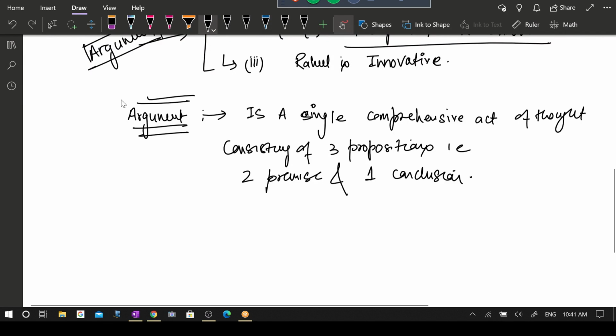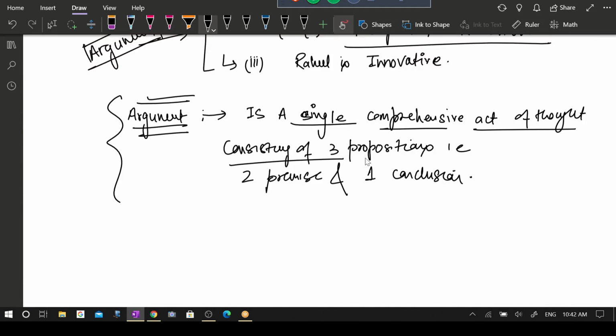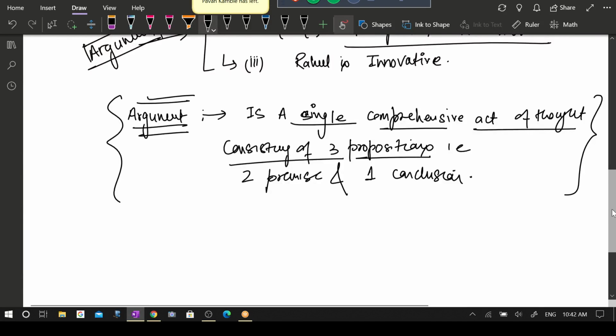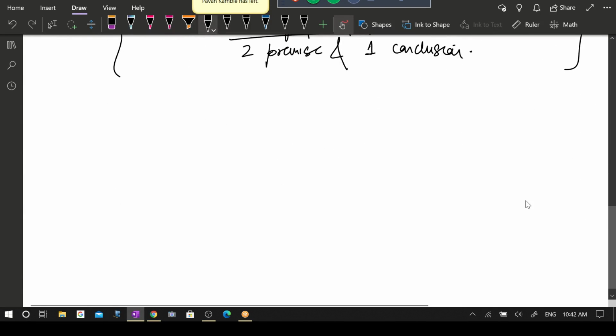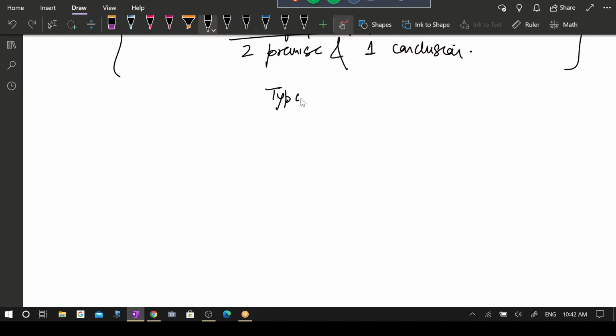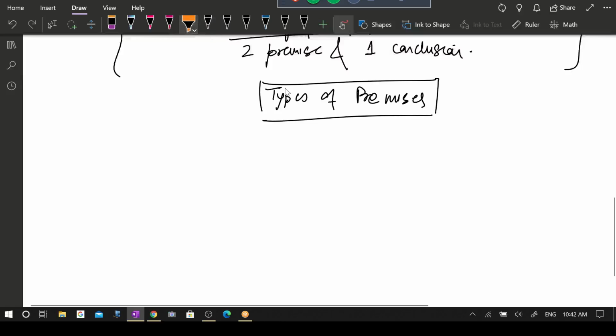So what is an argument? An argument is a single comprehensive thought consisting of three propositions, and that is all we need to know. After this, please pay attention. There are types of premises, because if you are aware of types of premises and their properties and you are good with Venn diagrams, syllogisms is a piece of cake.